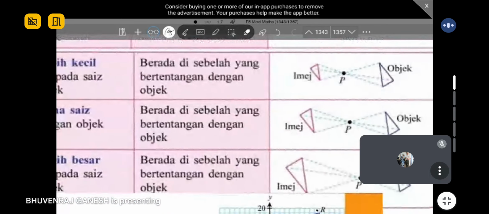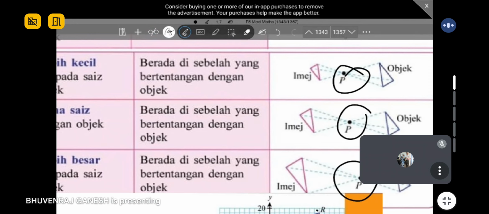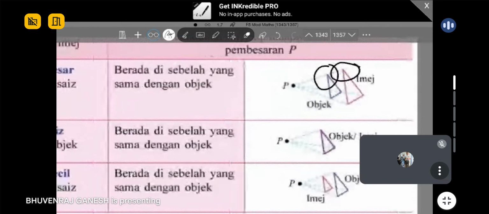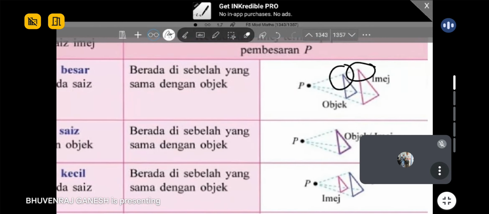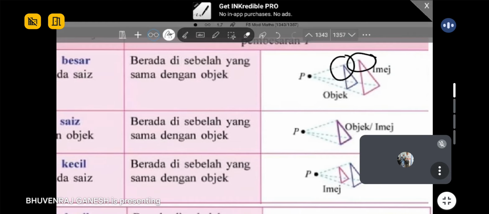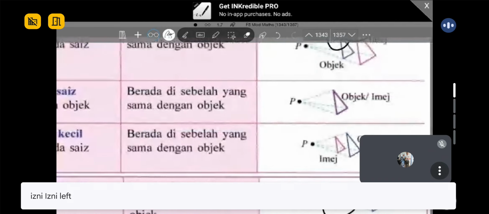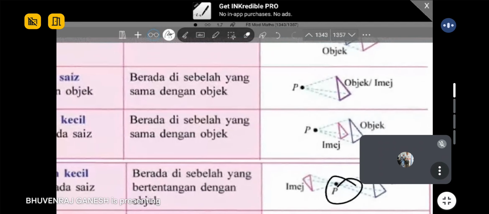If your center is at the middle, kat tengah-tengah, like this is negative enlargement, pembesaran negatif. So, kamu ada dua cara. Tengok orientasi objek dan image, look at the position or orientation of object and image. Second, you check the center, lihat pusat dia kat mana.